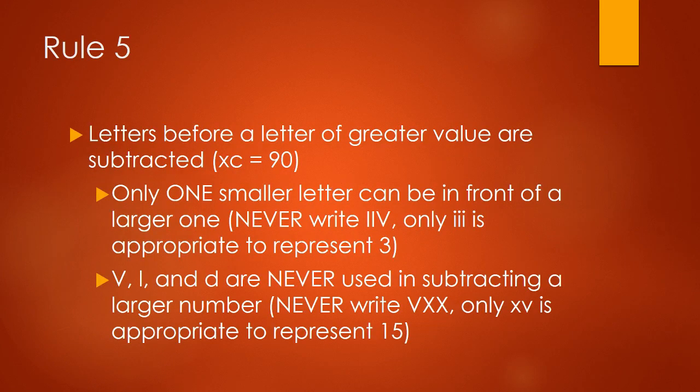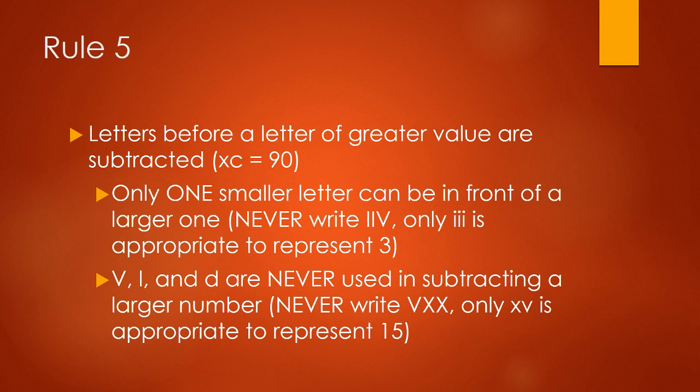Rule number 5: letters before a letter of a greater value are subtracted. So XC equals 90. X is 10, C is 100. 100 minus X, since the X is before the C, equals 90. Only one smaller letter can be in front of a larger one.